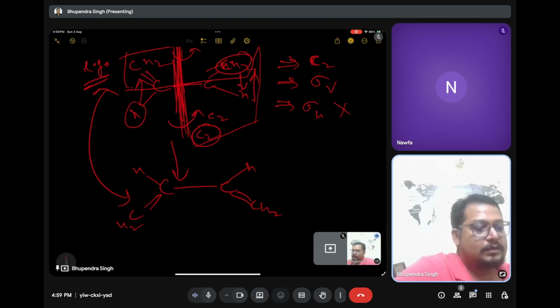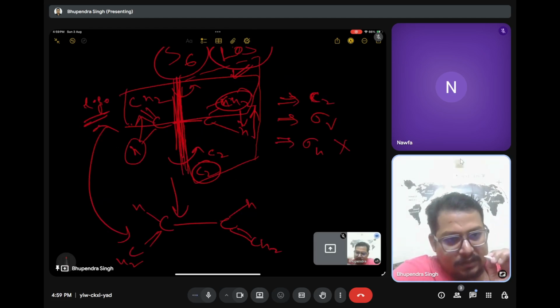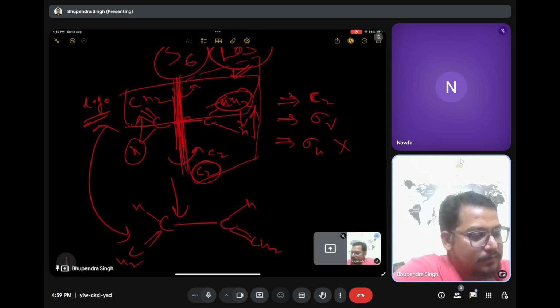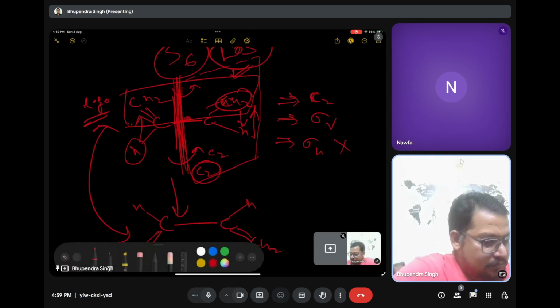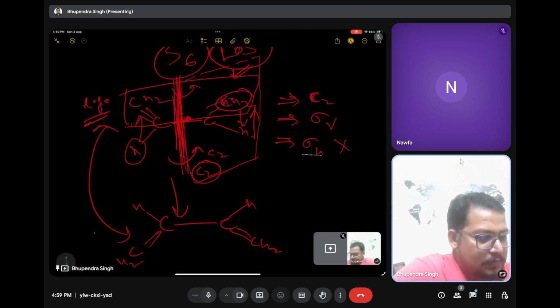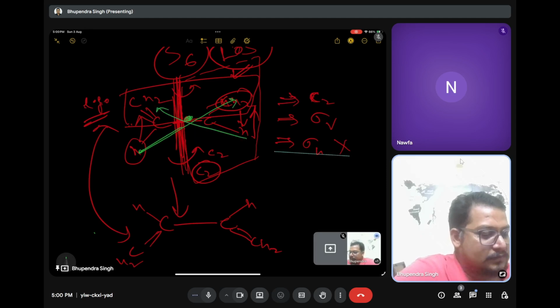Let's try to find out whether an inversion center is present or not here. What will happen? This will go here, this will go here, H will go here, and vice versa.